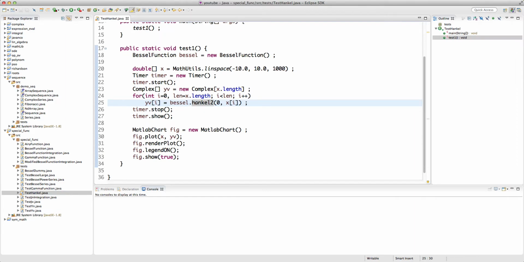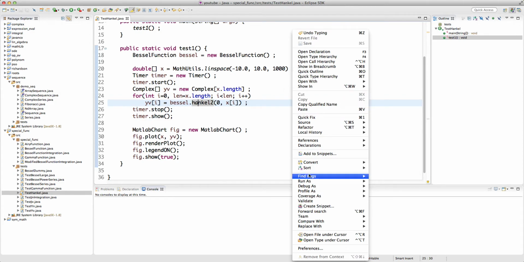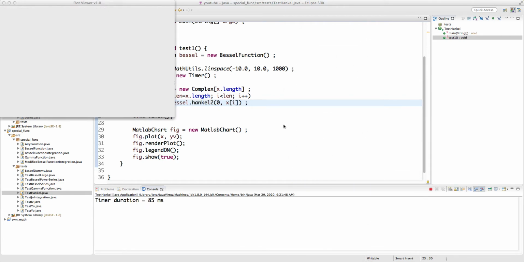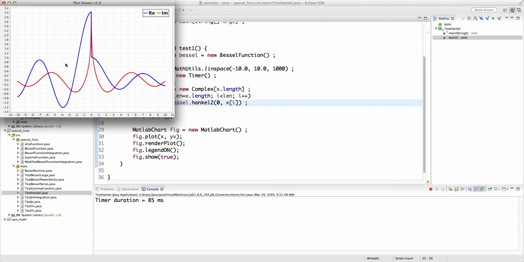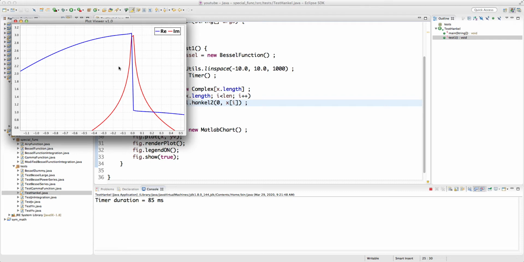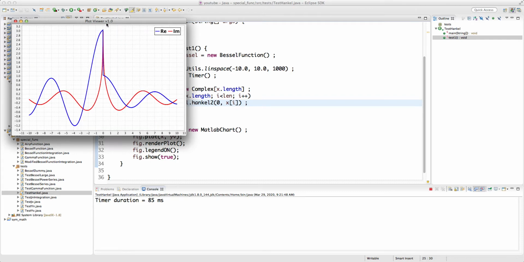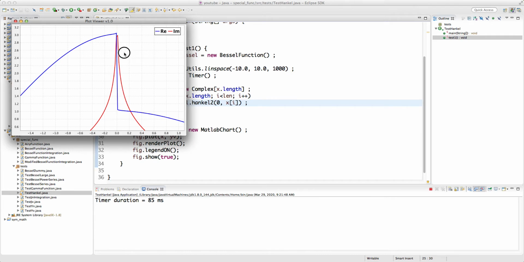So Hankel 2 returns a complex number, and we're plotting the real part and imaginary part. 85 milliseconds, this is the real part, and you see this discontinuity here. So the imaginary part goes to infinity, and the real part ends up with a discontinuity here, right?